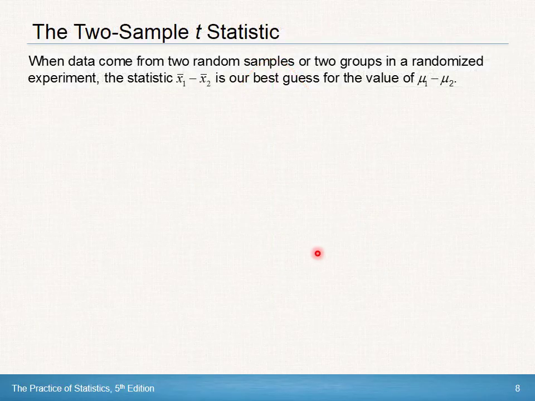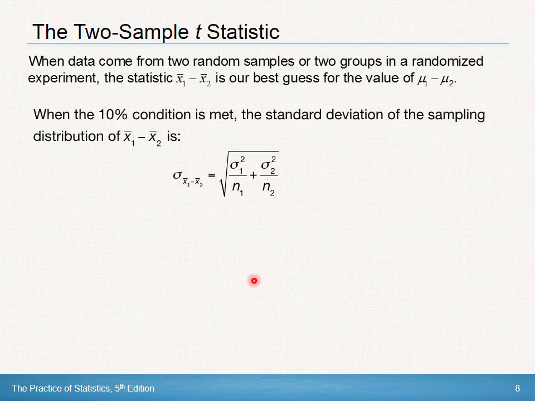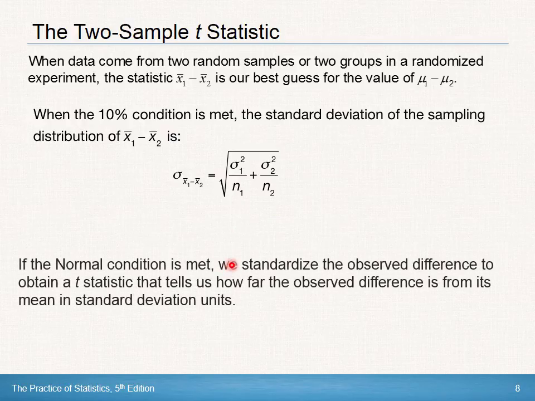When data come from two random samples or two groups in a randomized experiment, the statistic x bar sub 1 minus x bar sub 2 is our best guess for the difference of the population means. When the 10% condition is met, the standard deviation of the sampling distribution can be found using this formula. And if the normal condition is met, we standardize the observed difference to obtain a t test statistic that tells us how far the observed difference is from its mean in standard deviation units.